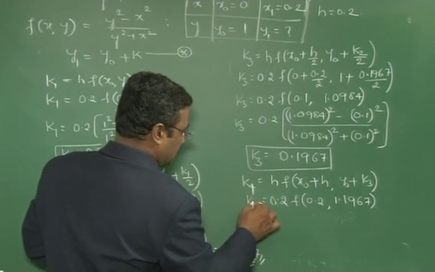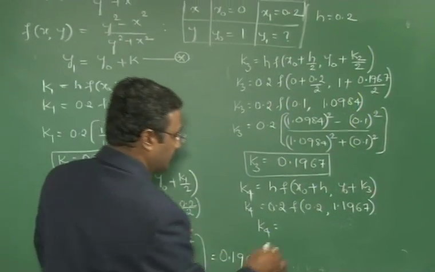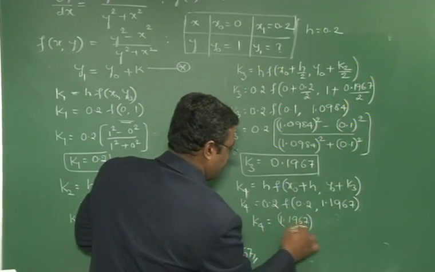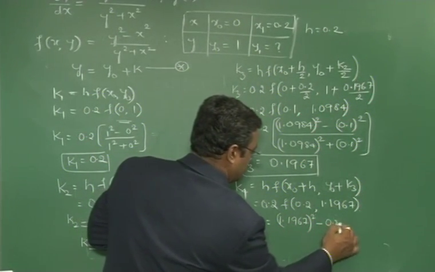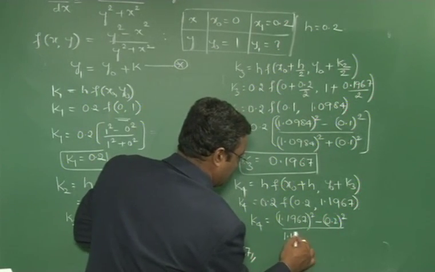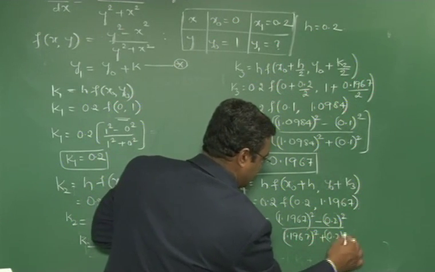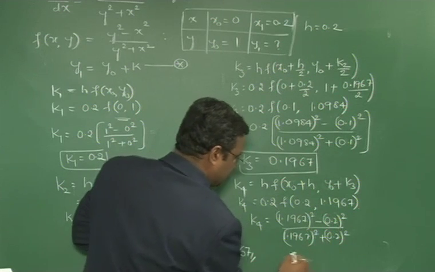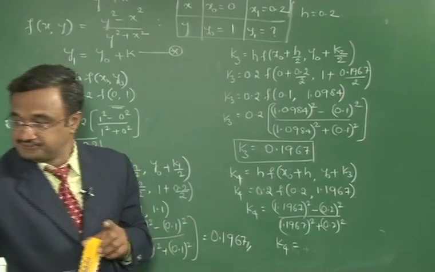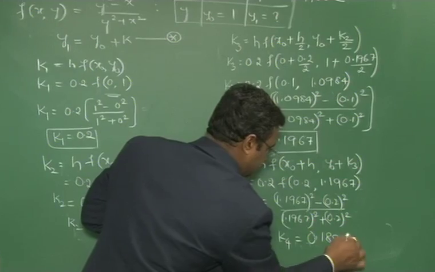Now substitute in the given function: (1.1967² − 0.2²)/(1.1967² + 0.2²). Simplifying this, we get the value of k4, which is 0.1891.